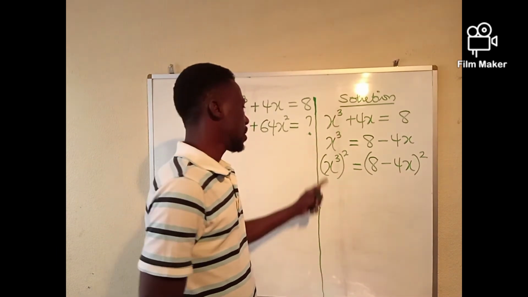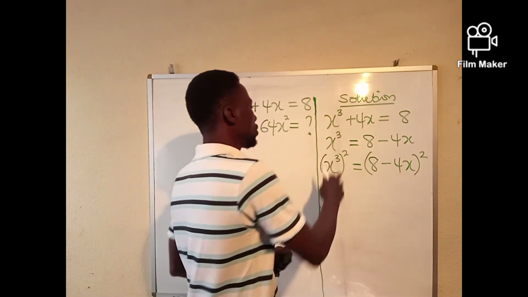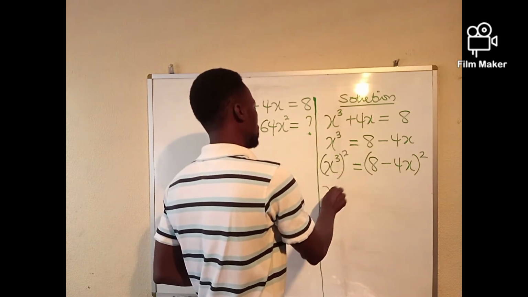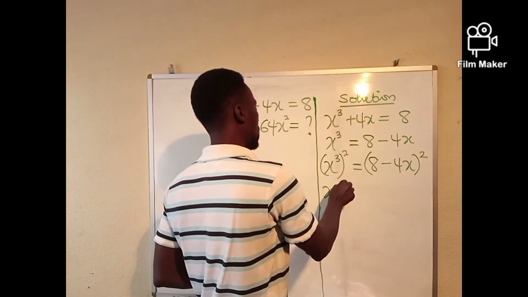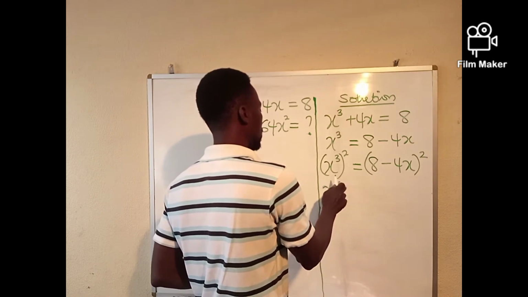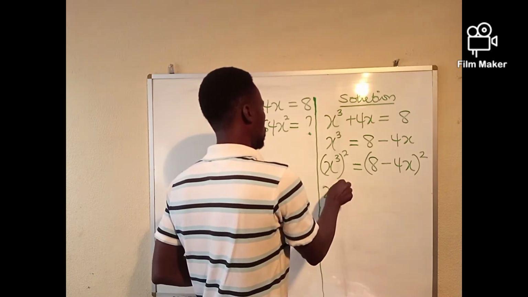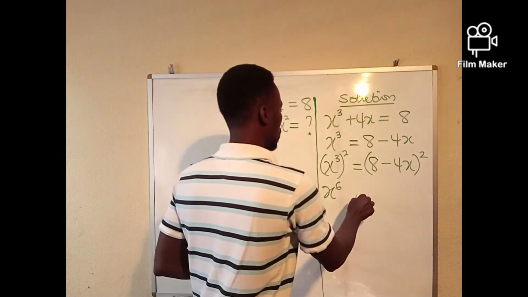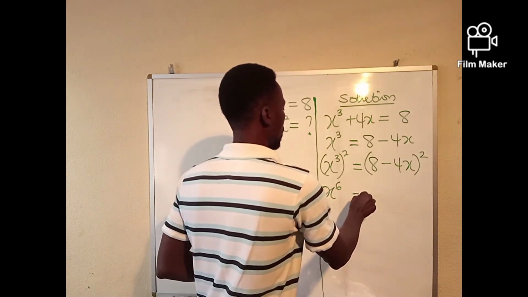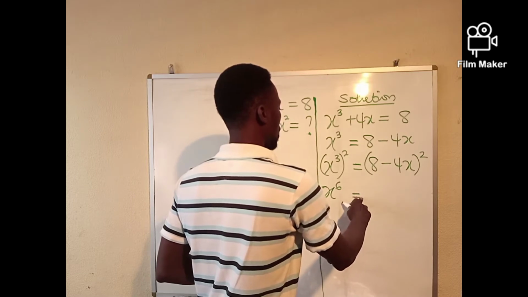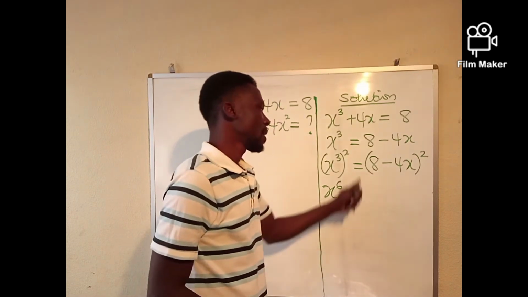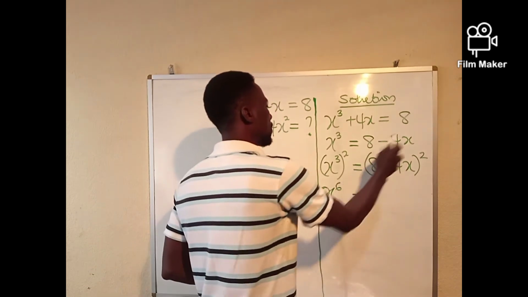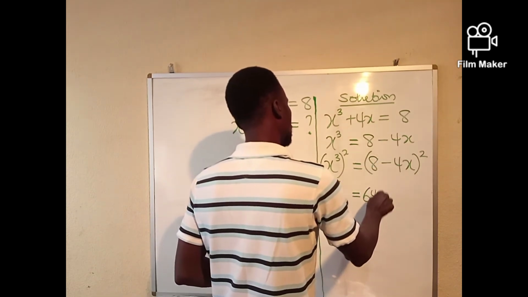Now, what do we do here? This is going to multiply out, so we are going to have x to the 6. So the powers will multiply, so we shall have x to the 6 to be equal to, now expanding this binomial, that is 8 minus 4x squared, we shall have 8 squared will give us 64.